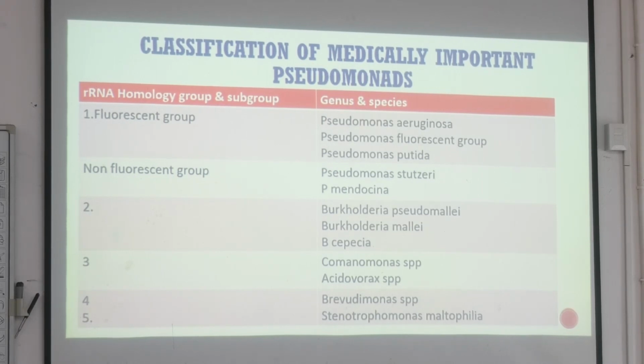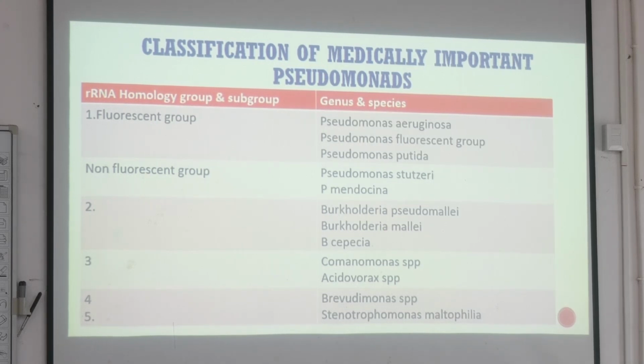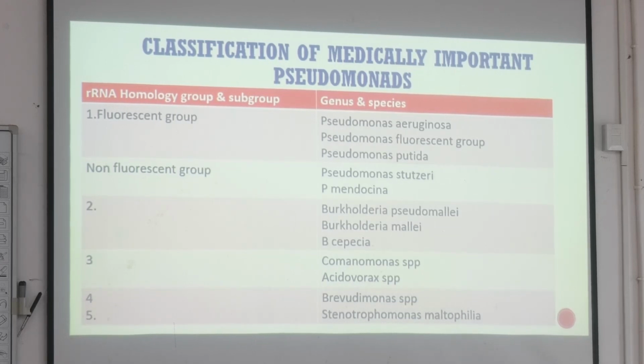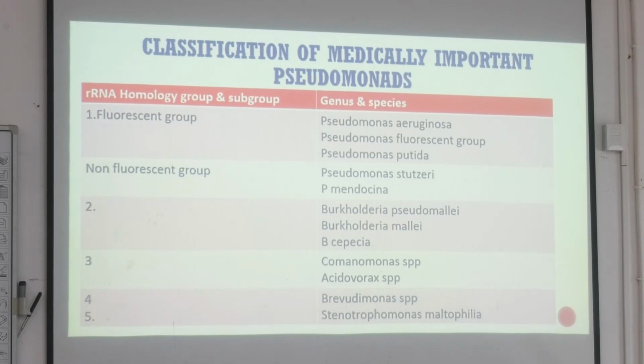The second group is important: Burkholderia pseudomallei, Burkholderia mallei and the Burkholderia cepacia complex. This group is usually present in the IV fluid, sometimes within the IV fluid. So always check the IV fluid before you start.